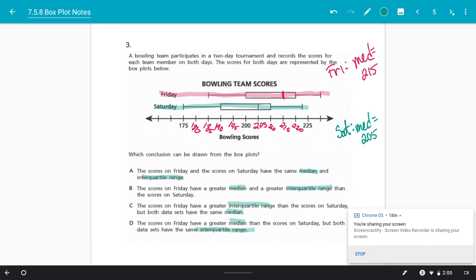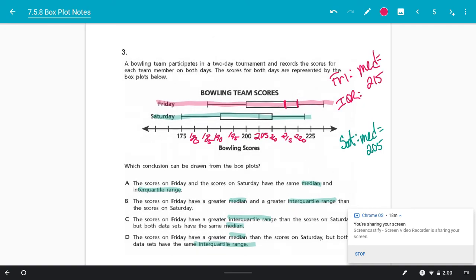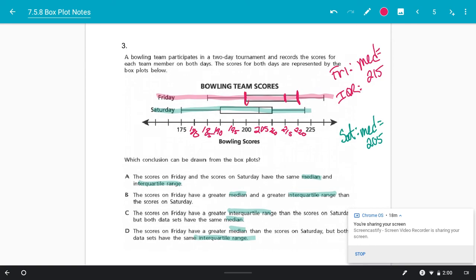All right, then I'm also going to calculate my interquartile range for Friday, which is going to be 220 minus 200, giving us 20.